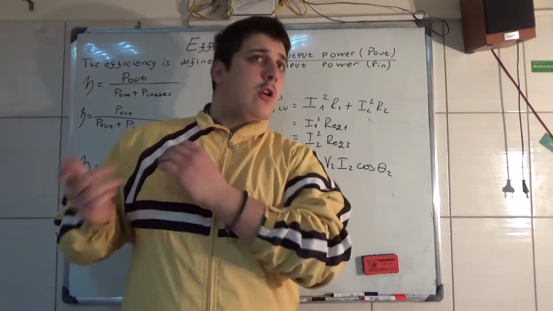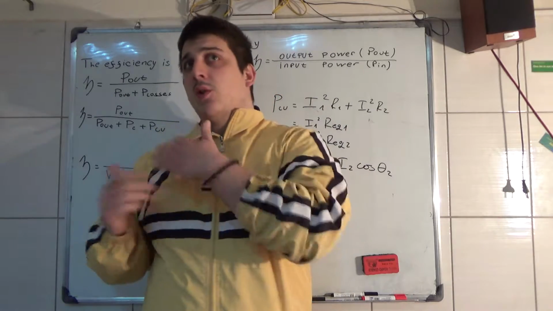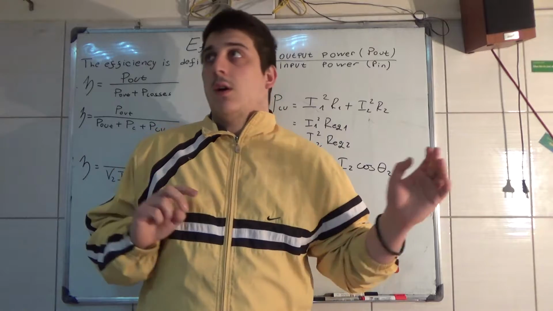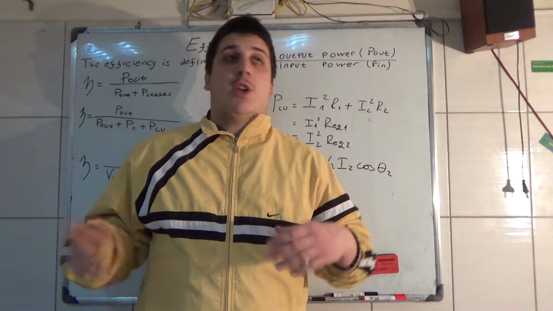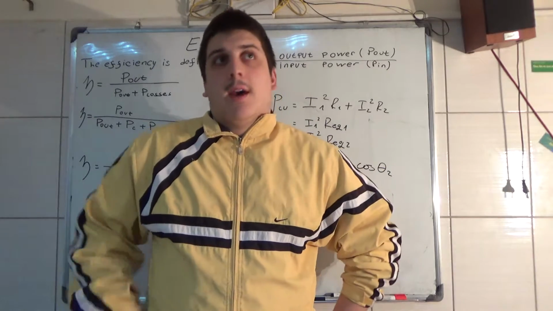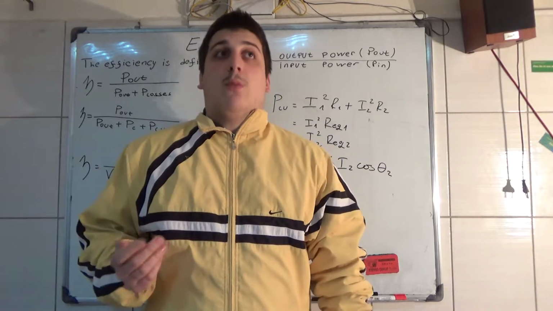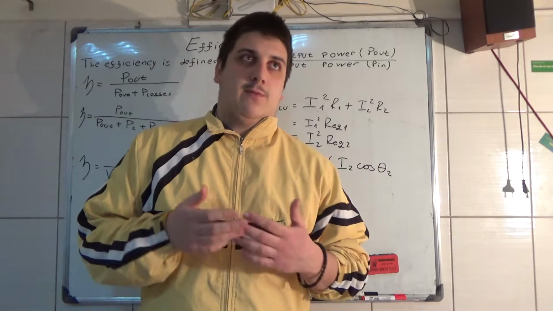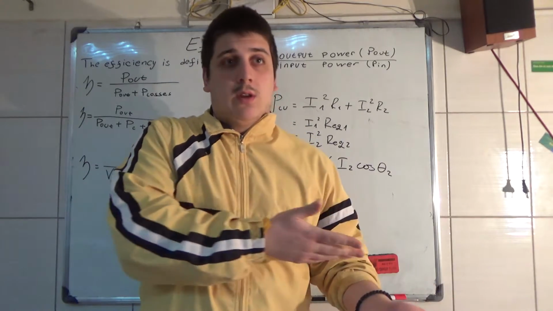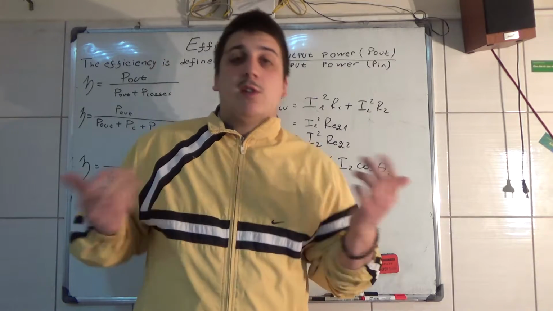Now you all heard that energy is neither created nor destroyed. It just transforms from one shape into the other, and so on. And that is true, but if energy is not created or destroyed, what is efficiency then?